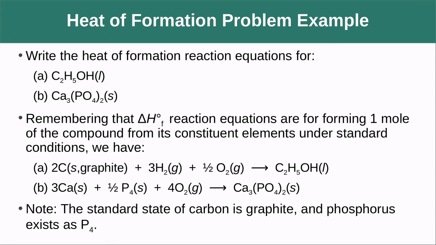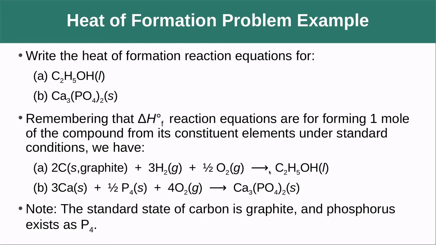So, to produce ethanol, we're going to need 2 moles of solid carbon in the form of graphite, for instance. It's one of the allotropes of carbon, plus 3 molecules of hydrogen gas, plus a half of a molecule of oxygen gas in order to have the stoichiometry correct and have a 1 in front of here.